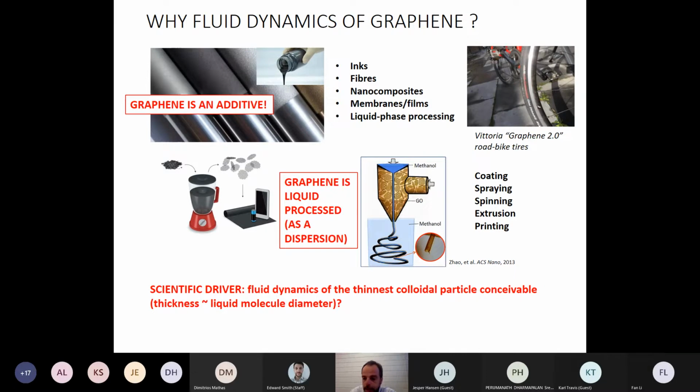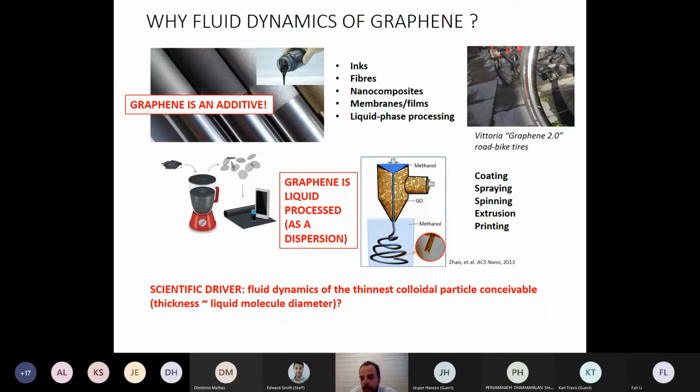You can create graphene inks that conduct electricity, fibers that have extraordinary mechanical properties, nanocomposites, etc. So the applications are not futuristic, but are already finding applications in the current market.